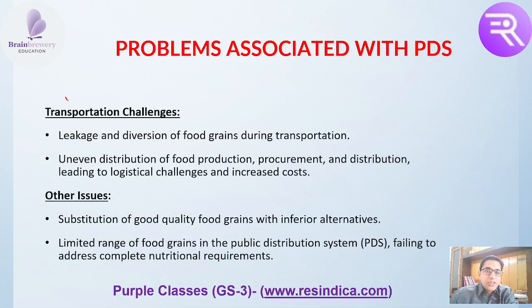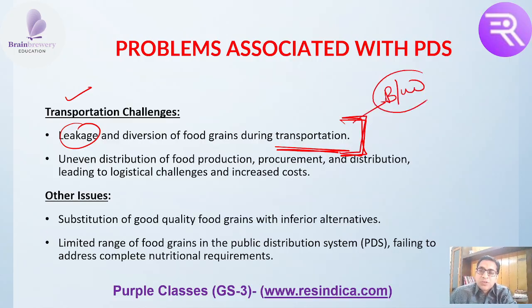Then what are the transportation challenges? There are a lot of leakages and diversions during transportation, because transportation from the FCI starts, but in between, who may sell it, who may buy it, how many extra sacks of bags you can take out, right? So that is again an issue during transportation. Lots of leakages and pilferages happen during that time.